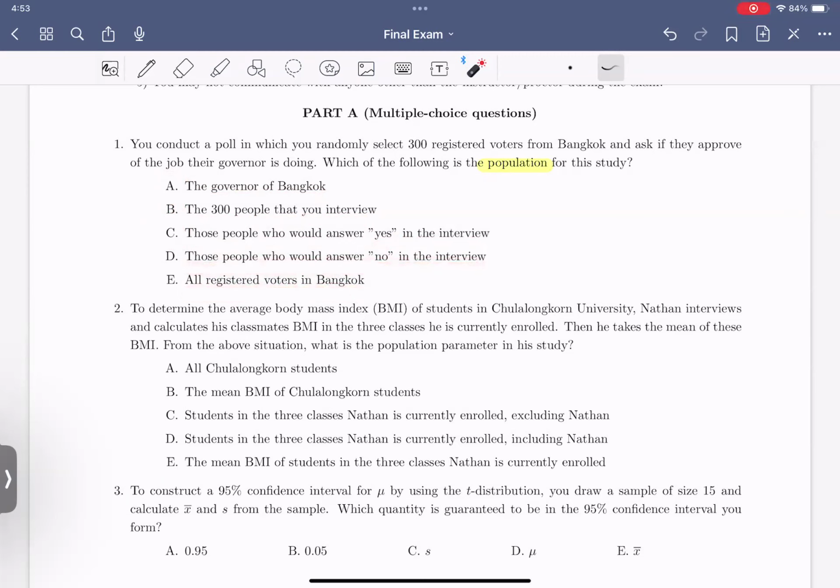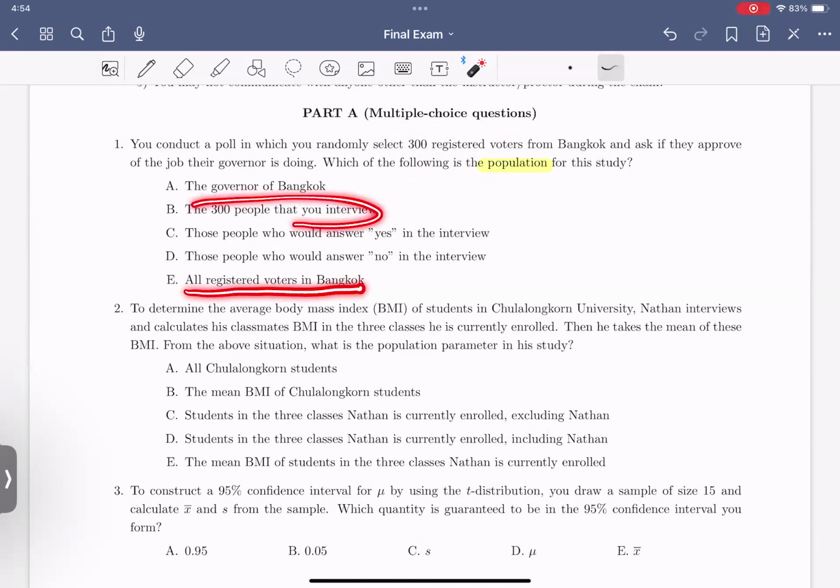So go back to the question. You conduct a poll and then you select 300 people from Bangkok, which means that the 300 people that you interview are just a sample, right? If you know that this is a sample, then the population is going to be all registered voters in Bangkok, because the sample is a subset of the population.